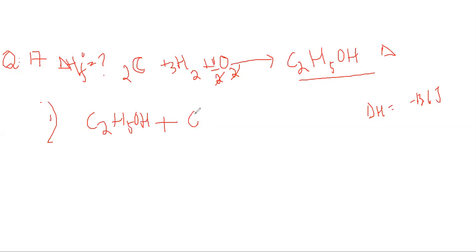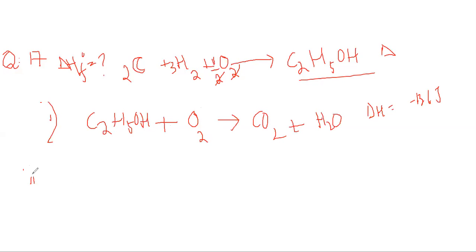Combustion takes place in the presence of oxygen. Combustion is the burning reaction in the presence of oxygen. So if ethyl alcohol is burning in the presence of oxygen, the products will be carbon dioxide plus water. You can write this directly.